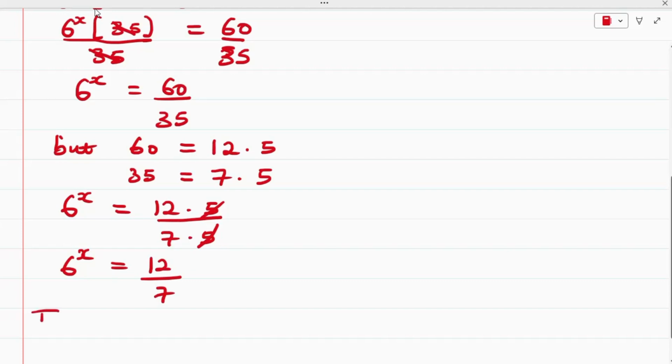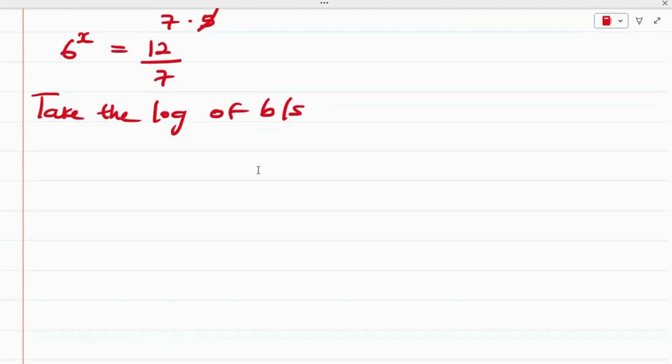So the next thing we want to do is to simply take the logarithm of both sides. So taking the logarithm of both sides, we have log of 6 raised to the power of x is equal to log of 12 over 7.